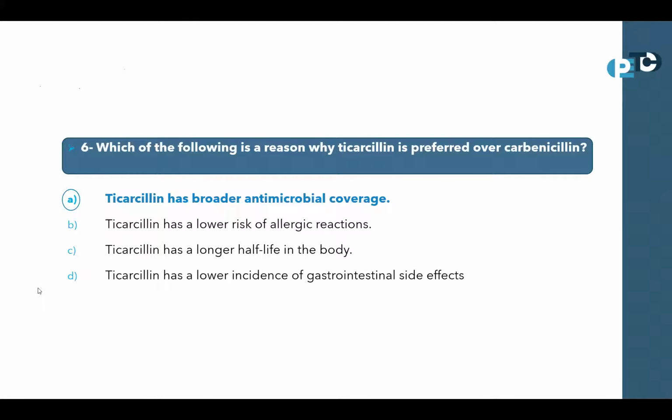The half-life and gastrointestinal side effects may vary for different individuals, but are not specific differentiating factors between ticarcillin and carbapenem. Therefore, the right answer here will be A.